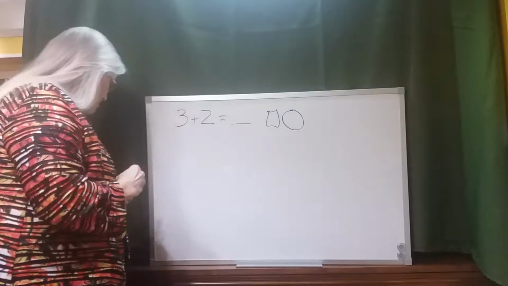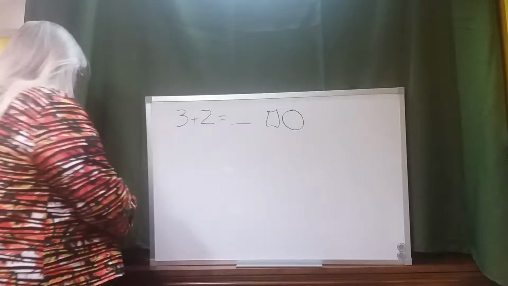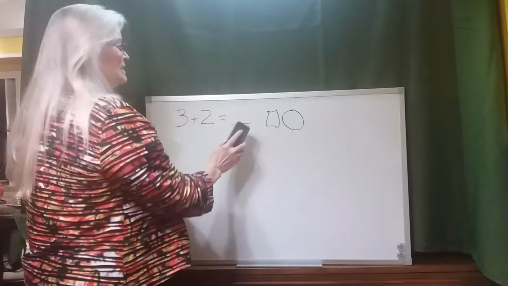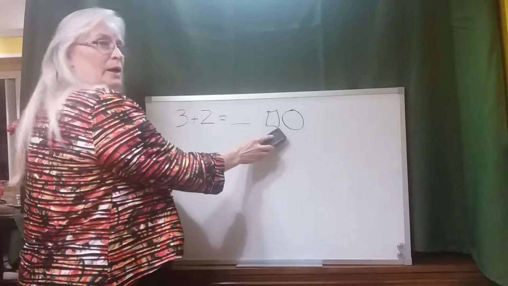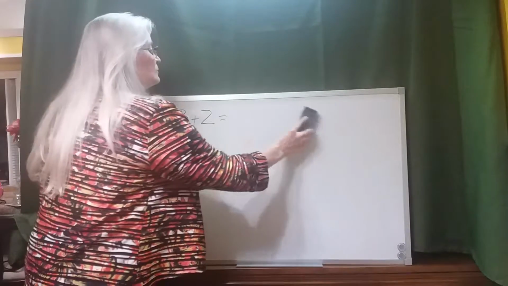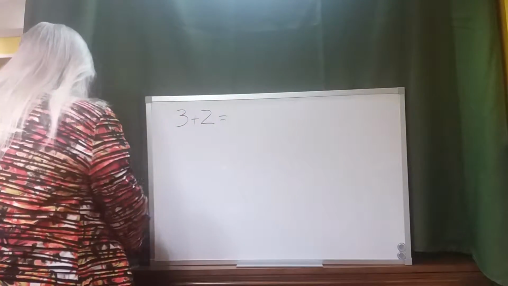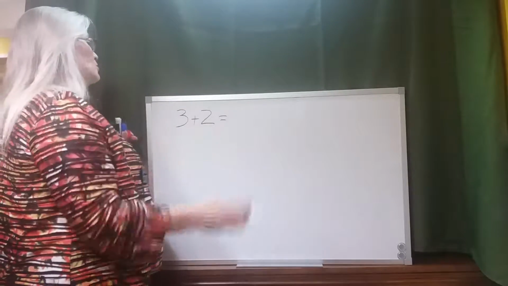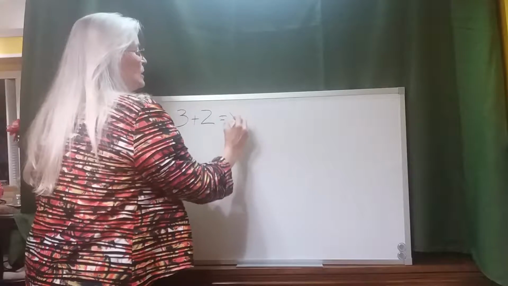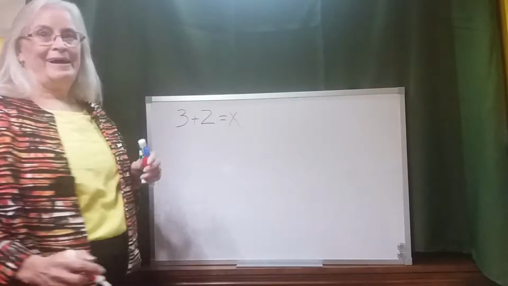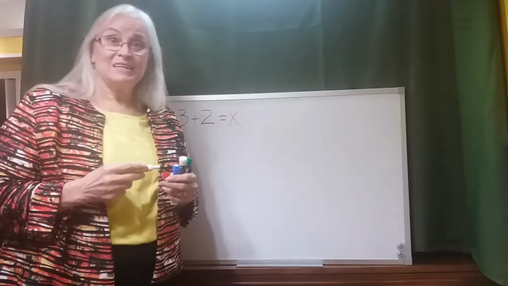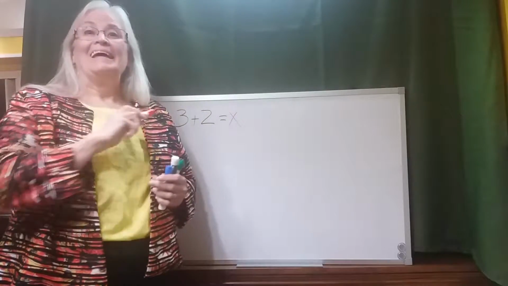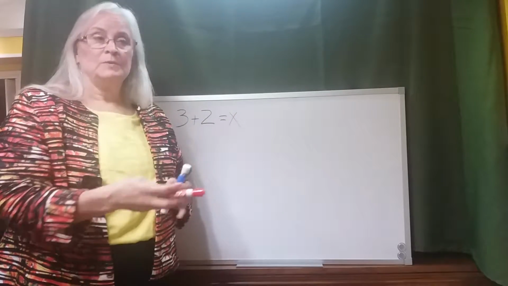Okay, so here's the deal. Algebra, instead of a blank, a square, a circle, algebra throws a kink in the works. Algebra says 3 plus 2 equals X. And technically, it can be any letter of the alphabet.